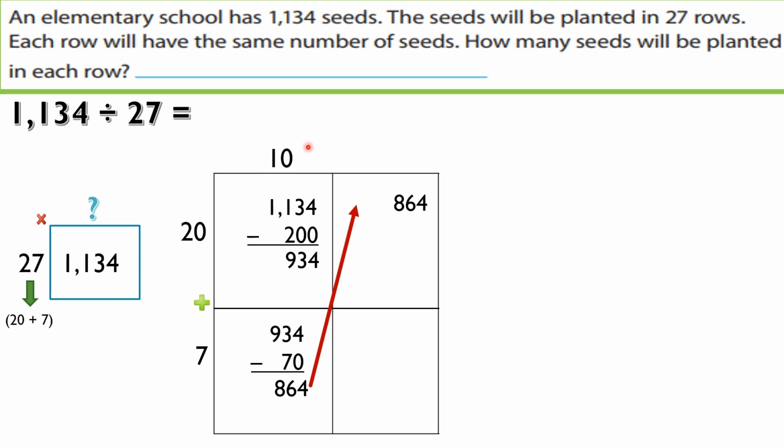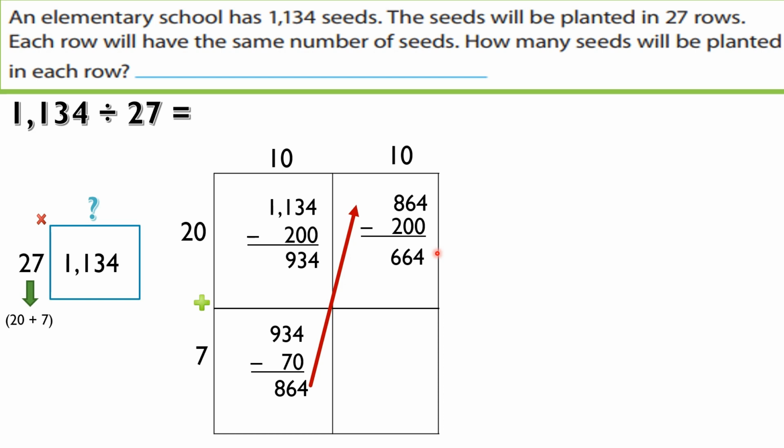So here I used 10 groups of 20 and I got 200. And I realized that I can get 200 from this. I'm going to be using 10 again. And I am going to be saying 20 times 10. That is 200. Then 864 minus 200 is 664.